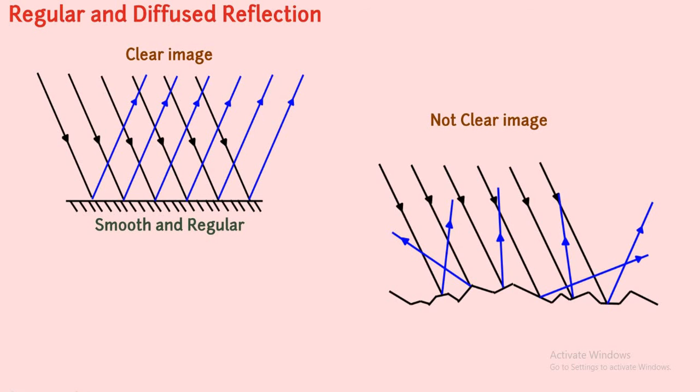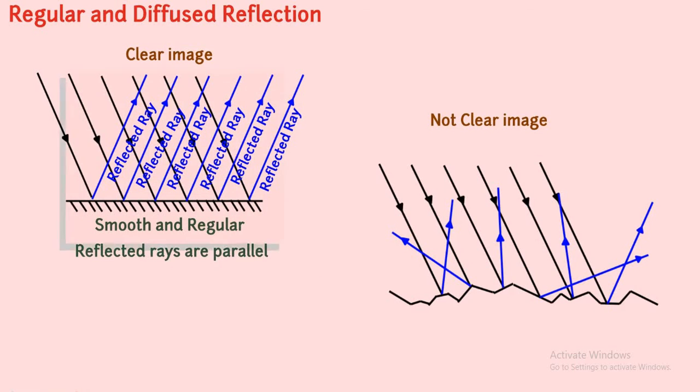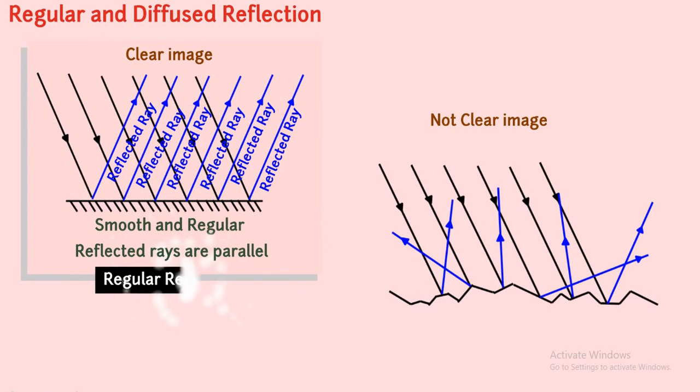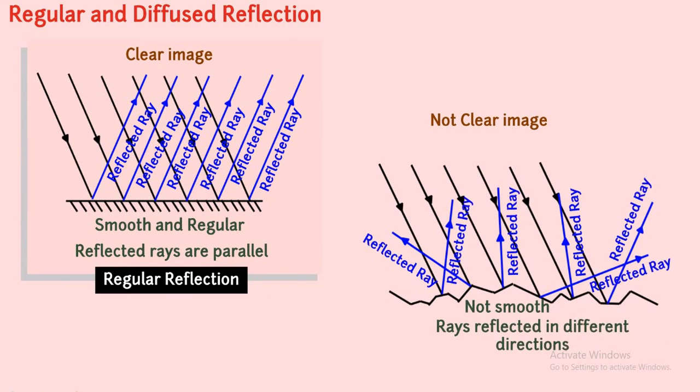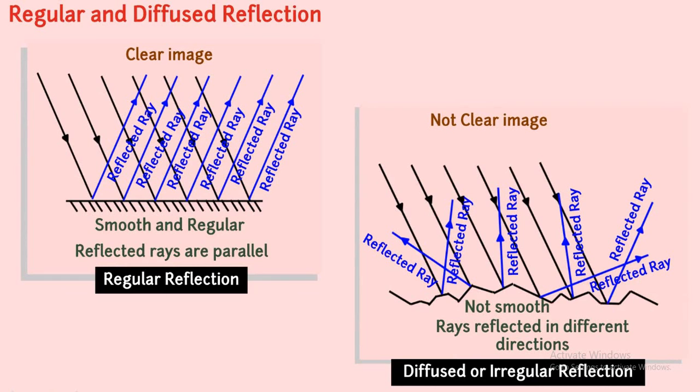If the surface is smooth and regular, then all the reflected rays are parallel. This is called regular reflection. However, if the surface is not smooth, then due to irregularities, the rays get reflected in different directions. This is called diffused or irregular reflection.